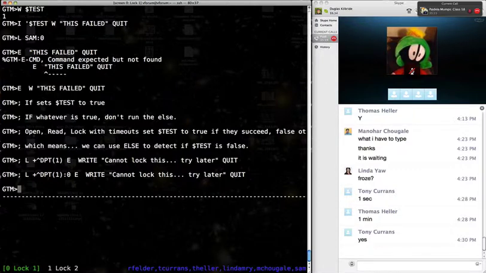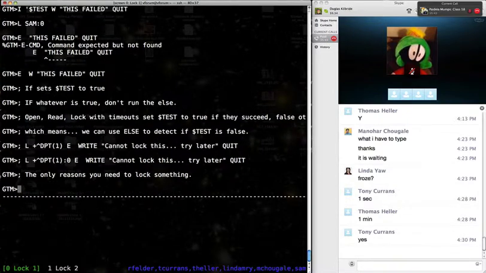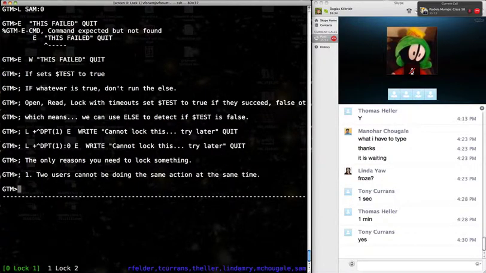I'll show you how it works. In MUMPS in general, the only reasons you need to lock something: one, two users cannot be doing the same action at the same time.